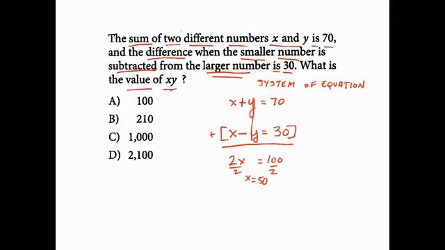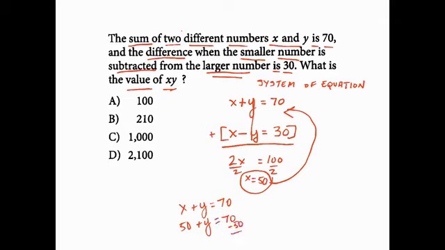Okay, take your x value and now plug this back in to either of the equations. If you put it into the first one, you'll get x plus y equals 70. We know that x is 50, plus y equals 70. Subtract 50 from both sides, and you'll quickly find that y equals 20.